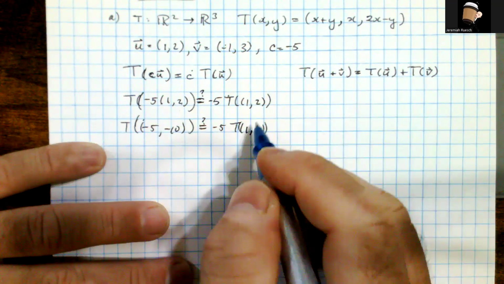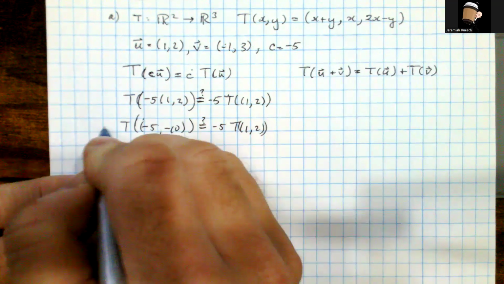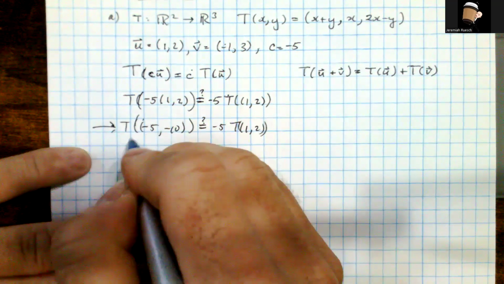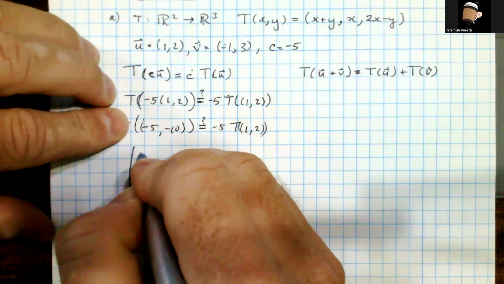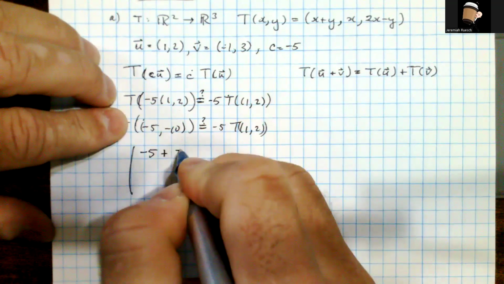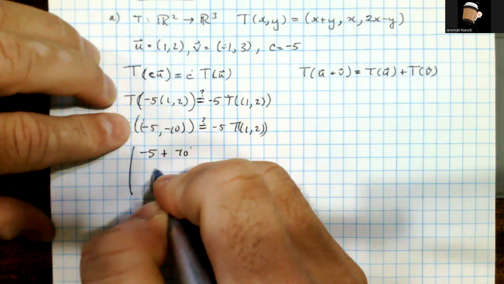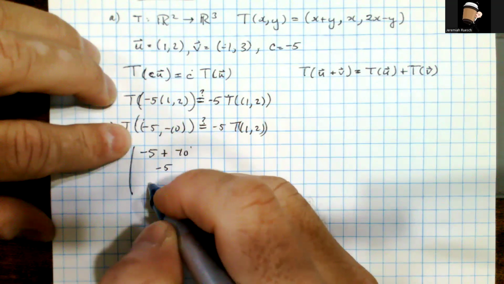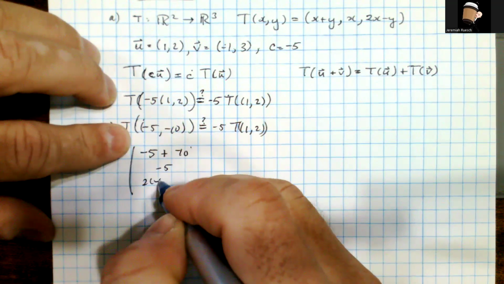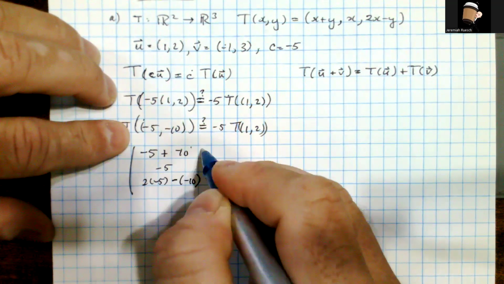All right, I'm going to go ahead and apply the transformation now to both sides. On this side, the first component becomes negative 5 plus negative 10. The second component, the y component, is negative 5, and the z component is 2 times negative 5 minus negative 10.